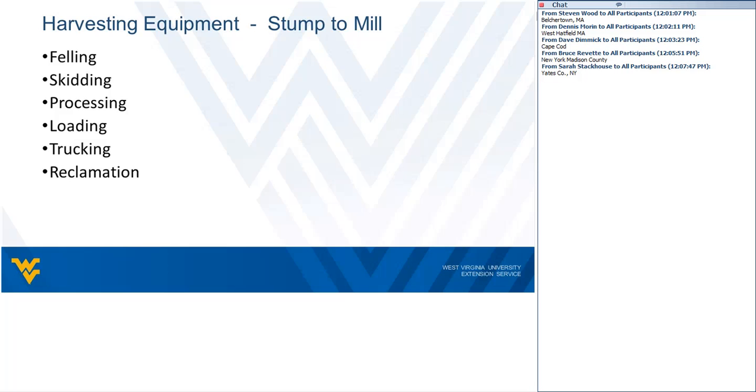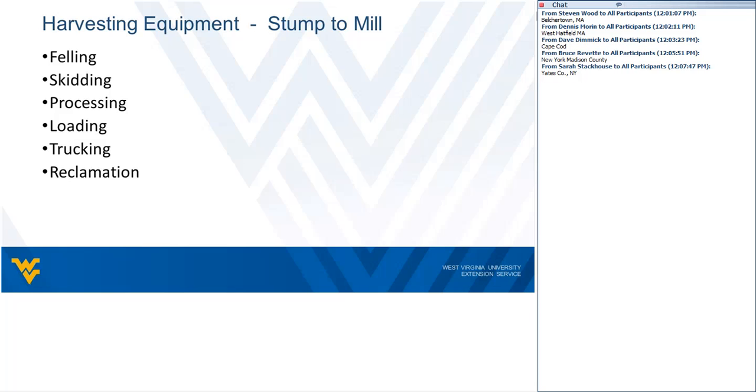And so the first step here is going to be felling. We're going to be severing that tree and putting it on the ground. The next step would be skidding, or moving that tree from the stump over to the roadside. The next thing might be processing, where we cut that tree up into individual logs and smaller pieces. The next step would be loading, getting that log onto a truck.